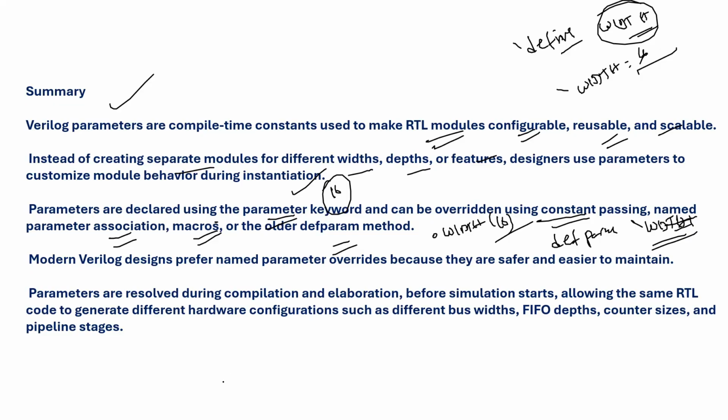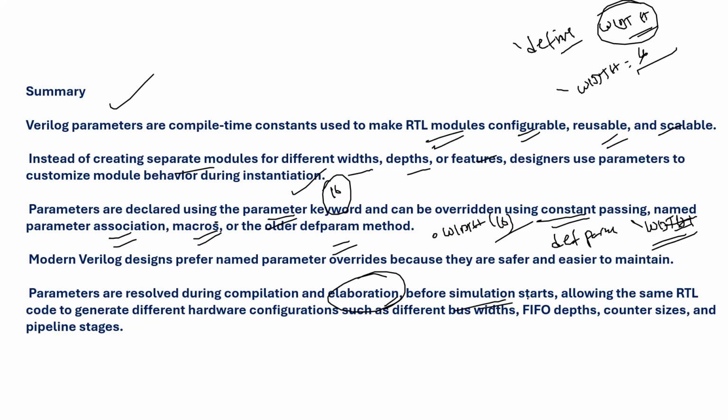Okay, see, where we are using these parameters, they are resolved during compilation and elaboration time. Elaboration means before starting the simulation, any final adjustments are there; this elaboration phase will take care of that.